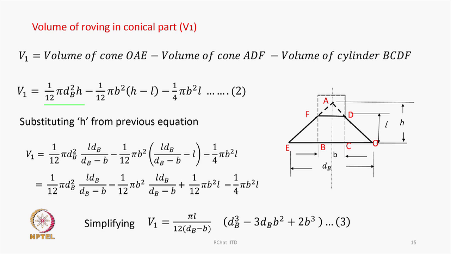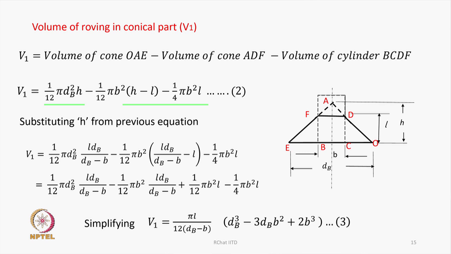The smaller cone on the top part is 1 upon 12 pi b square into h minus L, because the height here is only this much, this is h minus L. And the volume of this cylinder is going to be pi b squared by 4 into L, where b is the diameter of it. It is a cylinder, so the volume is pi b squared by 4 into L.